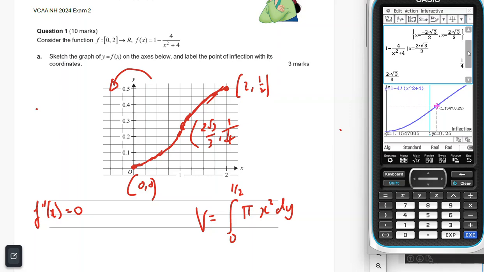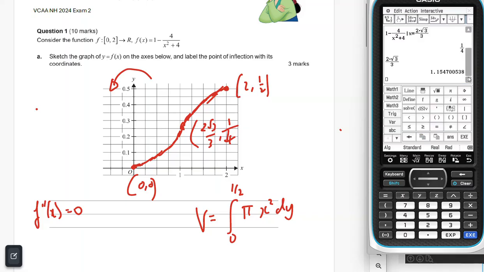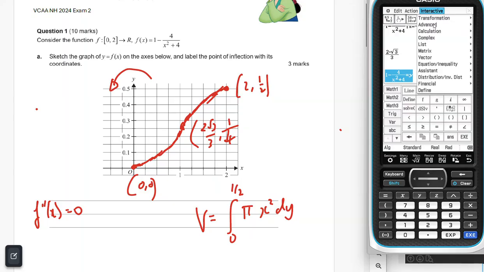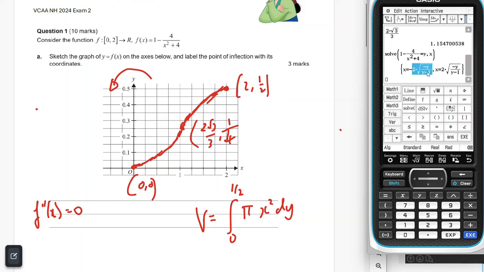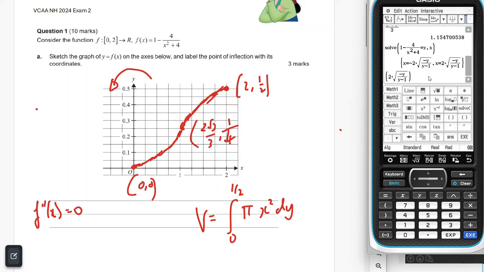So if I have this as my y equals, I copy, paste, and make that equal y, and then solve for x. Then take one of those answers, it doesn't matter which one you take, because I'm now going to put a bracket around that and square it.